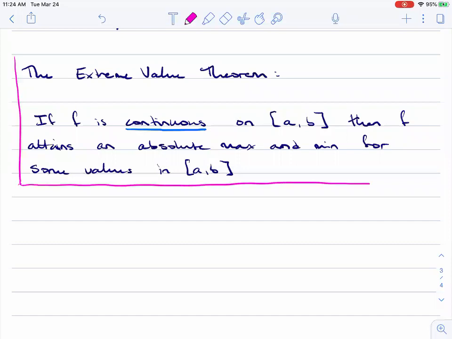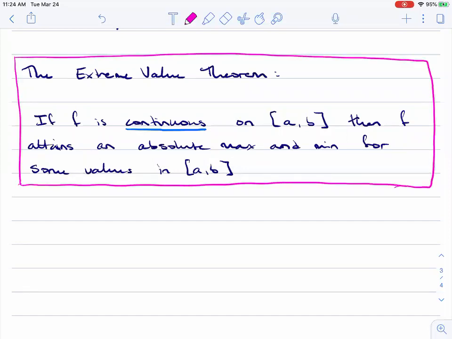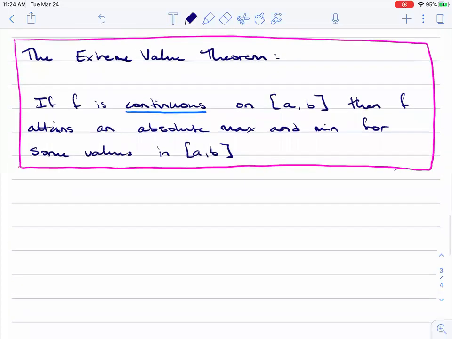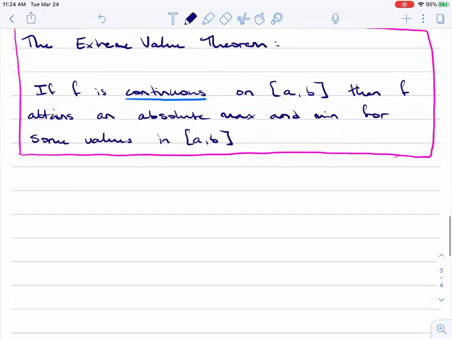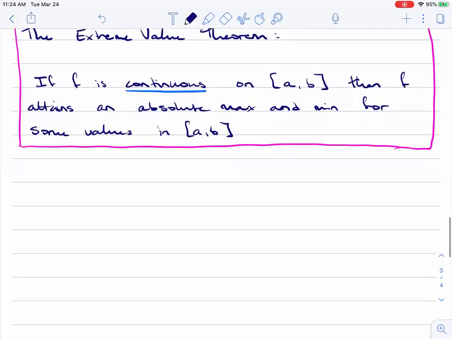That's pretty straightforward, should be pretty obvious. If you've got a continuous function, then it will reach an absolute max or an absolute min at some point if it's continuous on some closed domain. It's a good, important theorem.